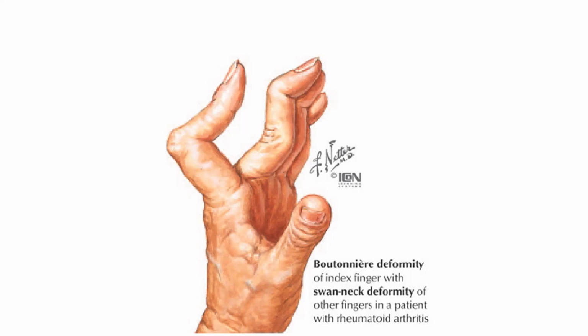You see that there is extension of the PIP joint. On the index finger, you see a boutonniere or buttonhole deformity, which is the opposite of a swan neck, with the lateral bands slipping anteriorly.